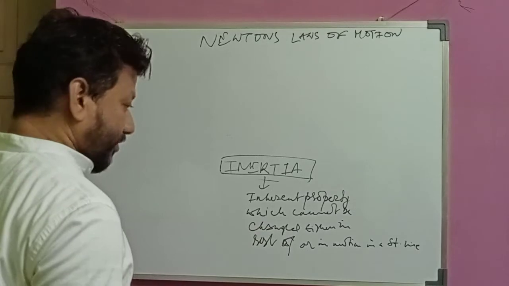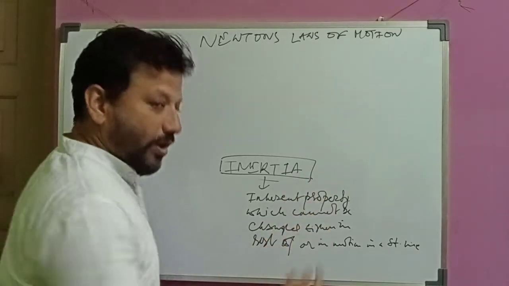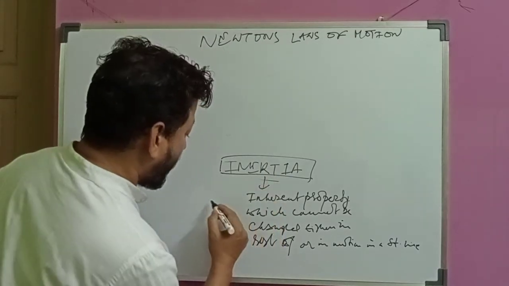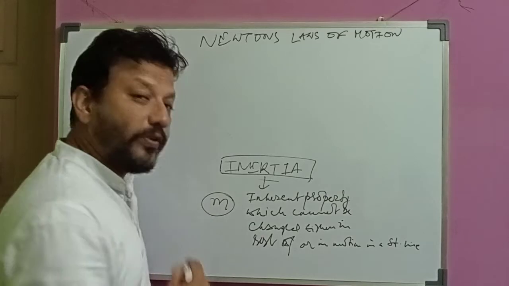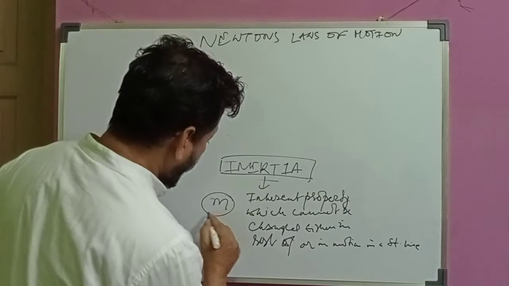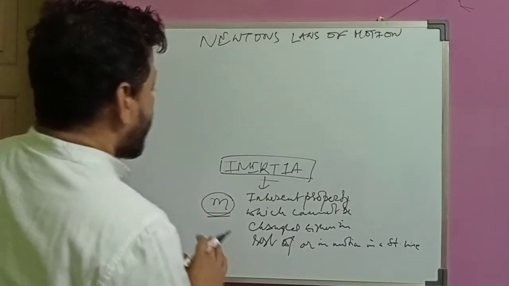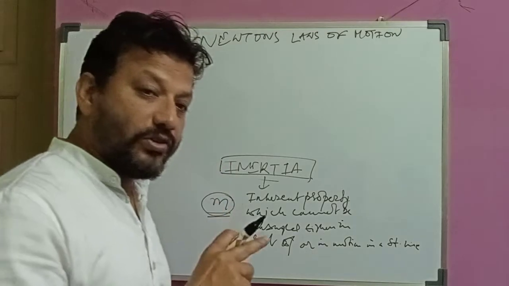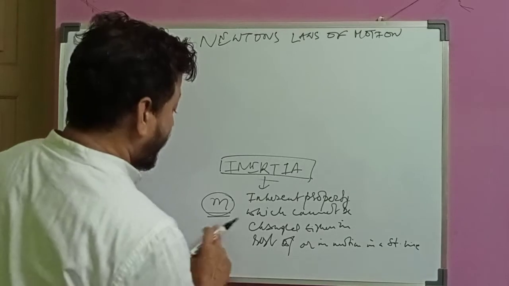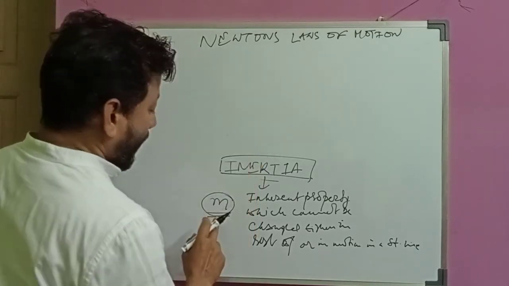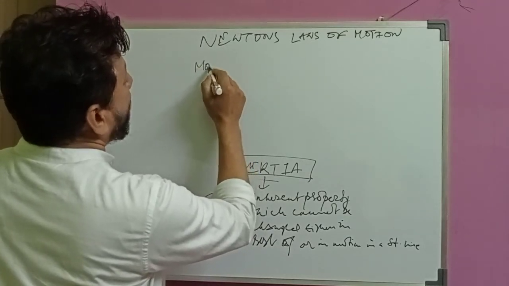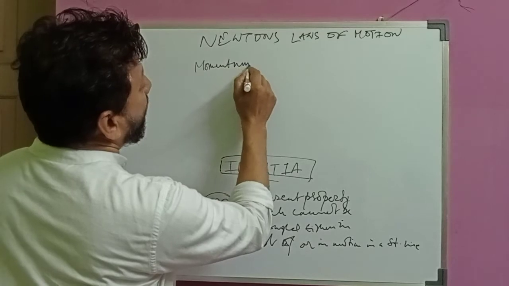Later on, when we know inertia, obviously one thing comes automatically, the mass. We have to deal through the physics with this M, the mass. So from this, what will we get? If we got a motion and a mass, the combination, then the property comes: momentum.